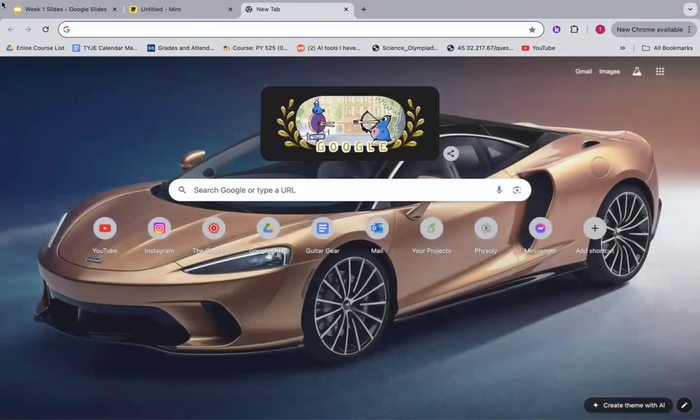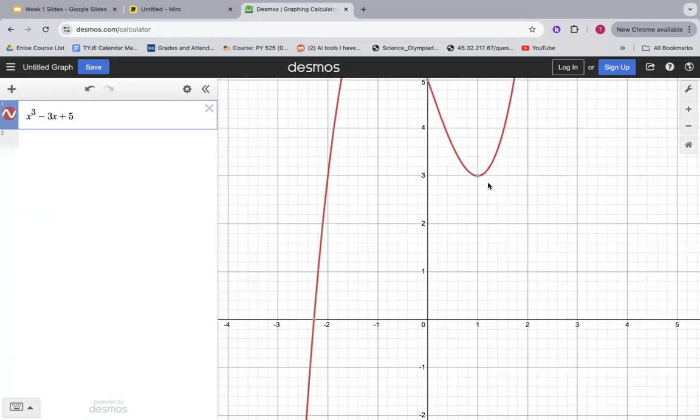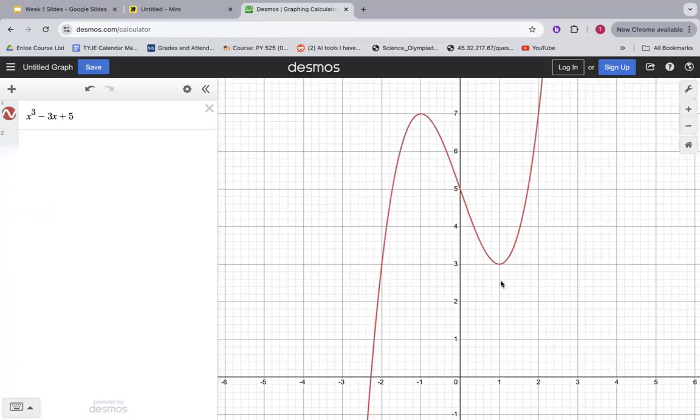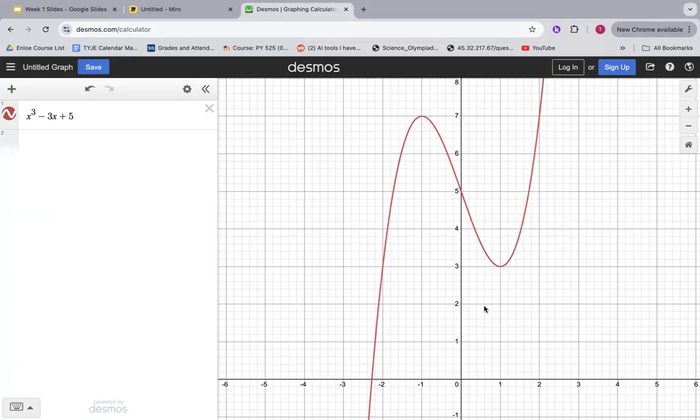So let's go back to Desmos. Okay. One more important thing that we can use derivatives for is to find maxima and minima. So just where a function is greater than everything around it and where a function is less than everything around it. You can't do this without algebra.